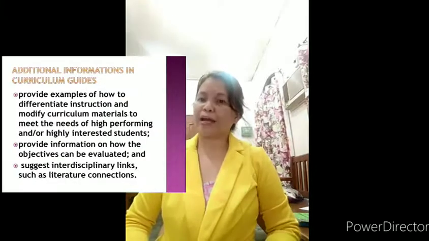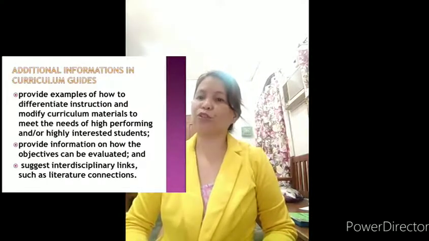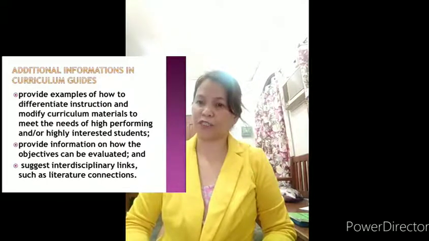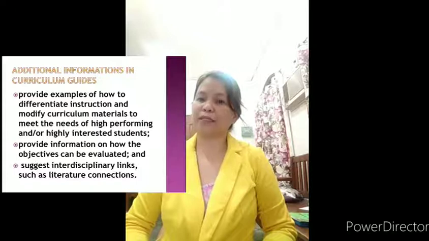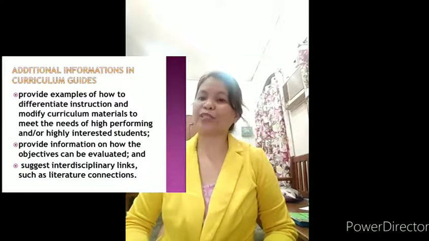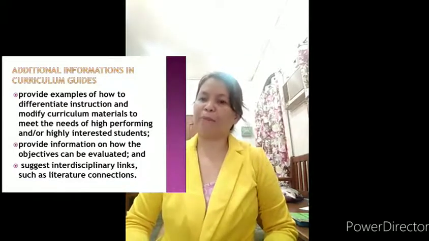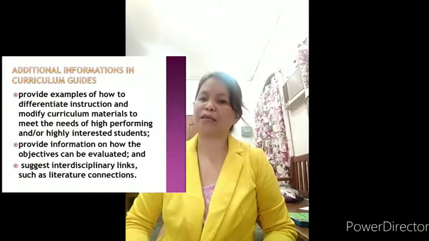And provide examples of how to differentiate instruction and modify curriculum materials to meet the needs of high-performing and or highly interested students, and provide information on how the objectives can be evaluated, and finally, suggest interdisciplinary links such as literature connections.